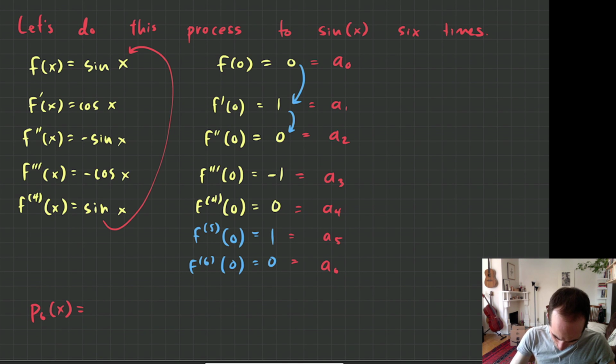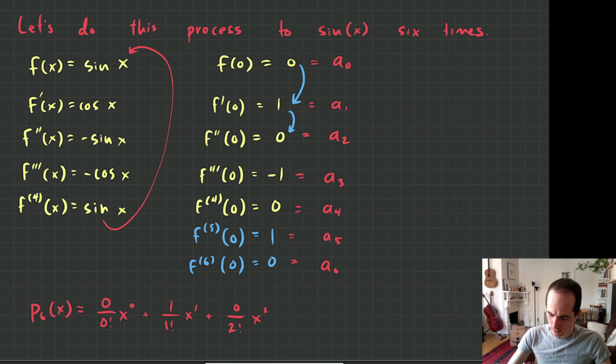So I've got a0, which is 0 over 0 factorial times x to the 0, plus a1, which is 1 over 1 factorial times x to the 1, plus a2, which is 0 over 2 factorial times x squared, plus a3, which is negative 1 over 3 factorial times x to the 3, and then the fourth one is 0, so I've got plus 0 over 4 factorial times x to the 4.